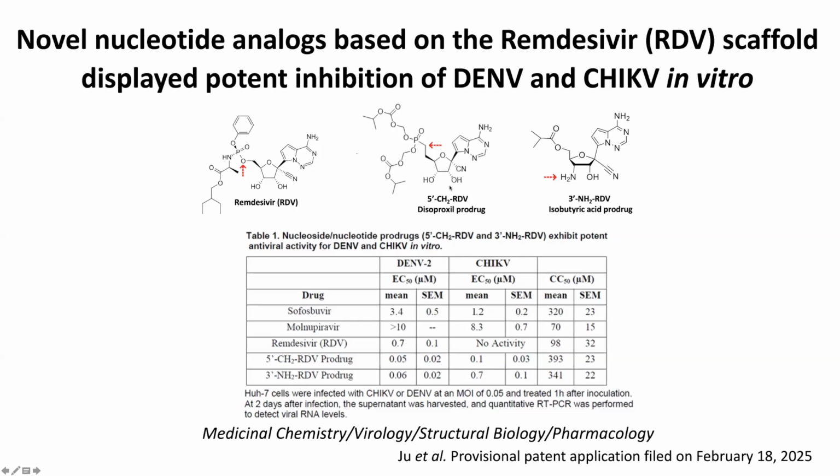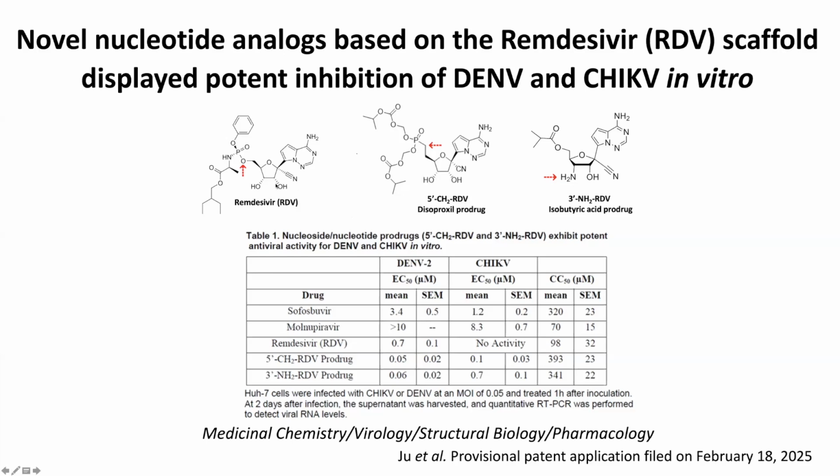However, when we evaluated it for chikungunya virus, remdesivir has absolutely no activity for chikungunya virus, but when we just replace the oxygen with this methylene group, you can see it has very potent activity for chikungunya virus, targeting the RDRP of the chikungunya virus.